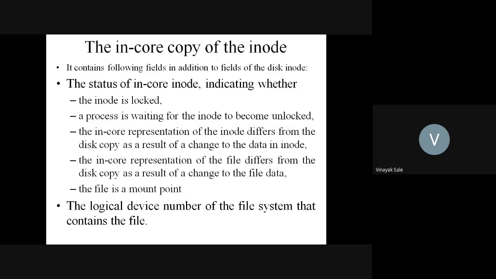The in-core representation of the inode differs from the disk copy as a result of a change to the data in the inode. The in-core representation of the file differs from the disk copy as a result of a change in file data. The file is a mount point.